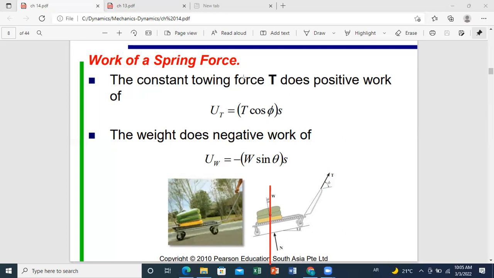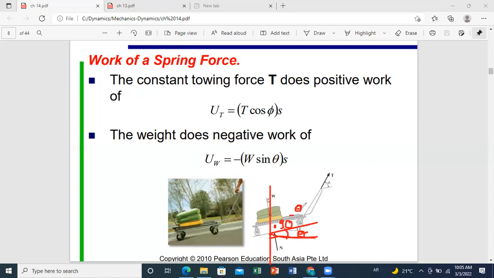Now, how to determine what is the component perpendicular to motion, what is the component parallel to motion? We should find what is the angle between the direction of motion and the weight. And to do this, all we have to do is to look at our figure. And we know that the inclination angle is given. So the slope of your line is theta, it's given. And since the incline is making theta with the horizontal, this means that the angle between weight and the incline is 90 minus theta.